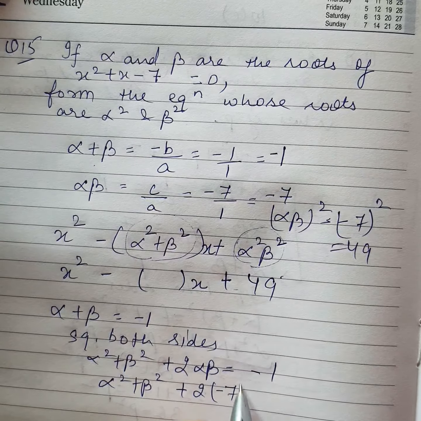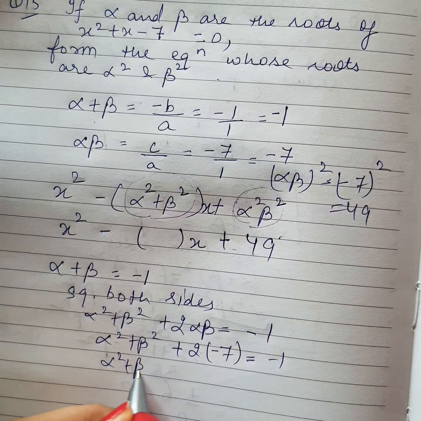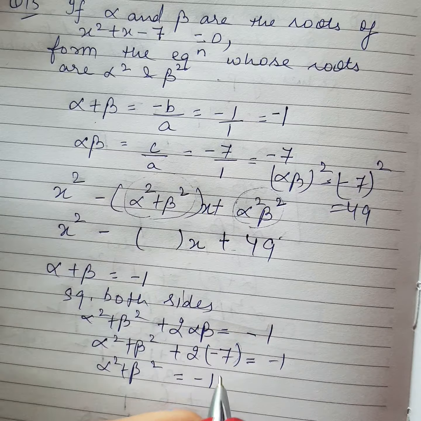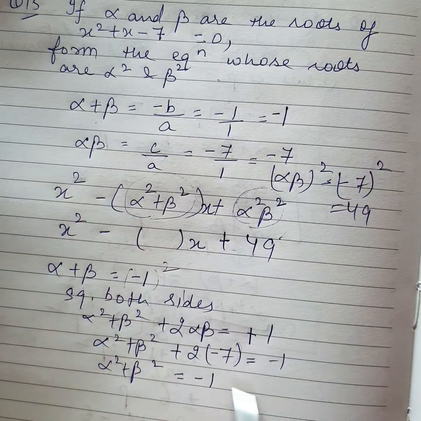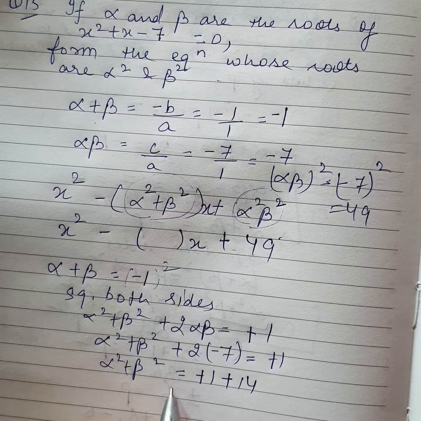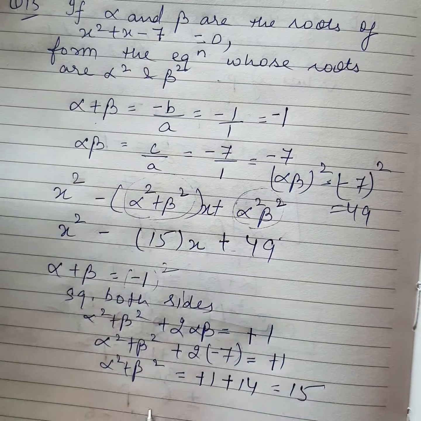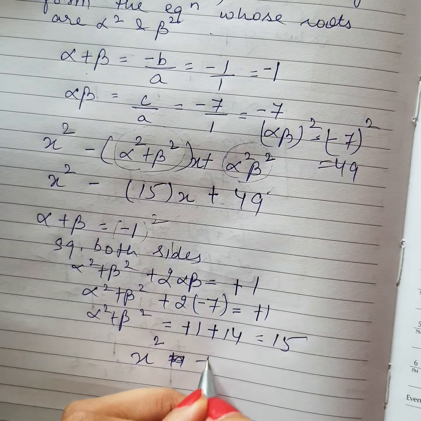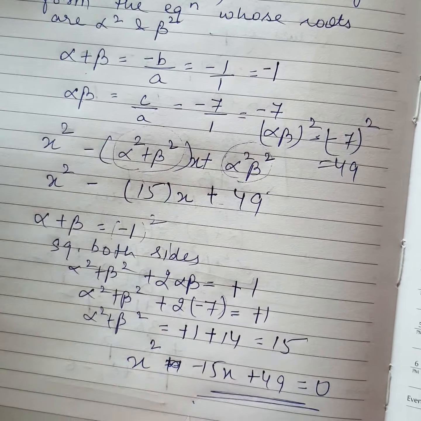Alpha beta is minus 7, so alpha square plus beta square equals 1 minus (minus 14), which is 1 plus 14, so this is 15. Substituting here, the final equation is x square minus 15x plus 49 equals 0.